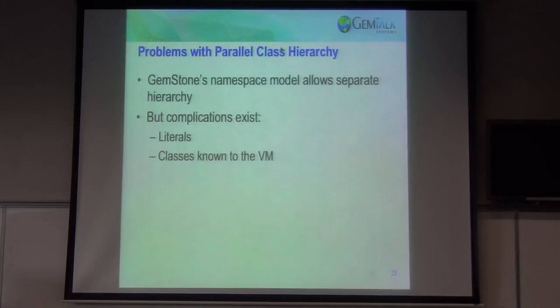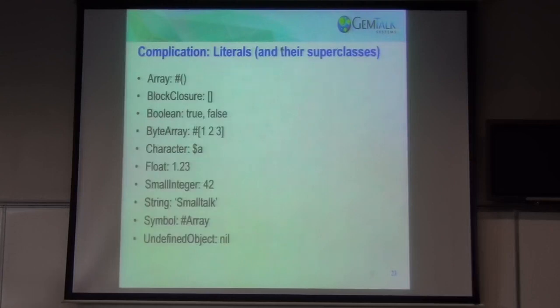There's a couple challenges with this. Literals are known to the virtual machine as well as some other things. So if in your code you say pound or hash, paren, the compiler will generate a literal that references an instance of the class array that's known to the compiler.